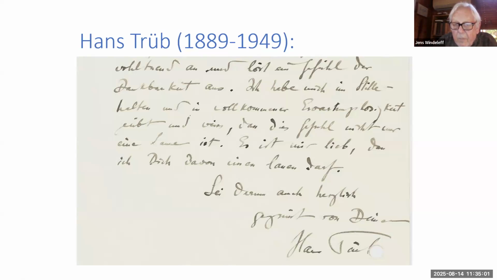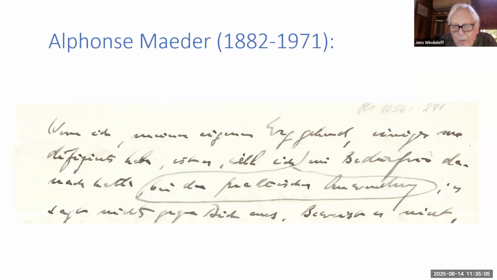Yeah, it was very difficult for Jung at that time. And this is another colleague opposed to Jung at that time, Alphonse Maeder. He was later known for a famous book called Selbstheilung, healing by yourself, or something like that. A very intelligent handwriting, you can see.